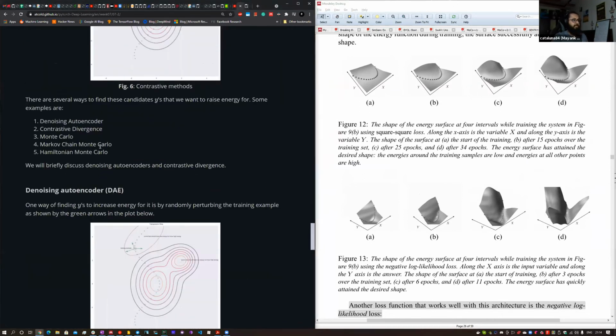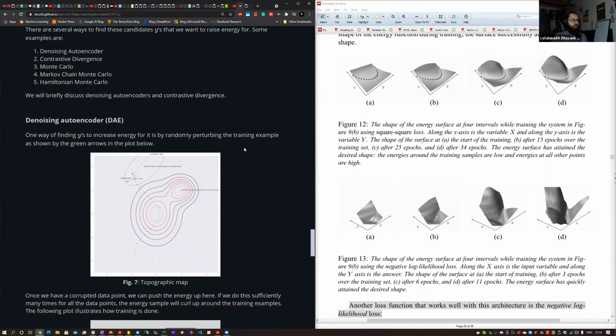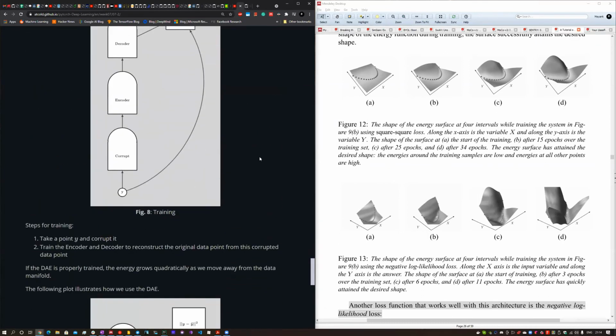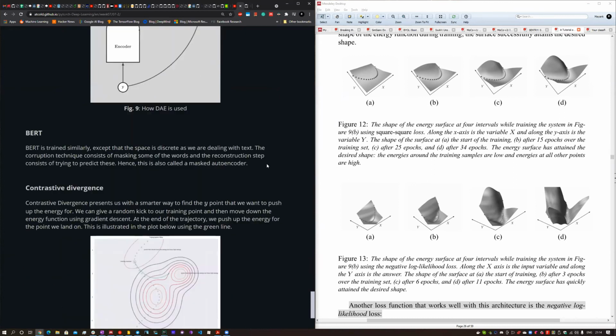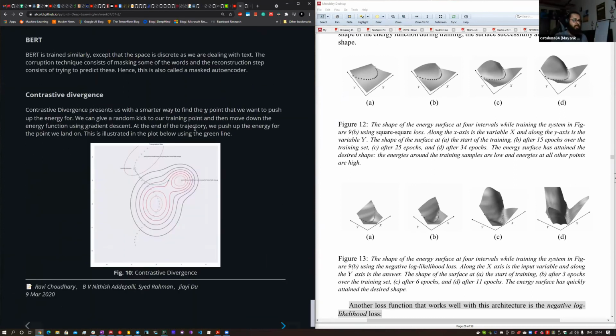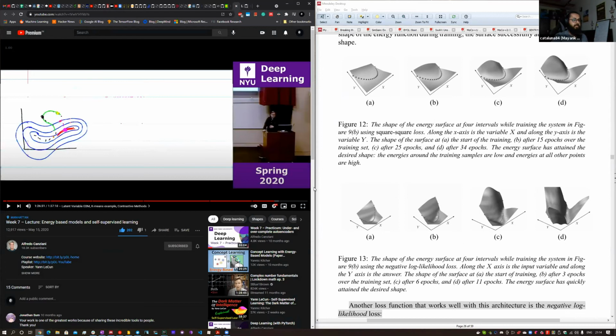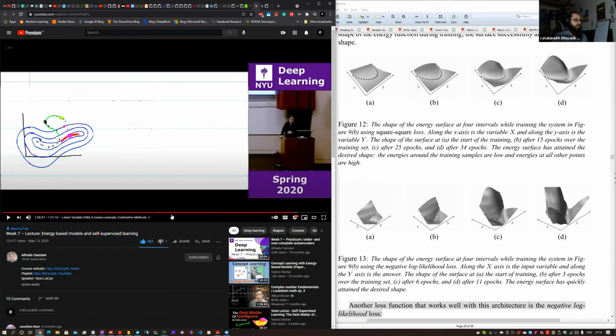And then he also discusses Markov chain Monte Carlo (MCMC) and the Hamiltonian Monte Carlo methods, and how they optimize it. But with respect to the example, he had this figure here.